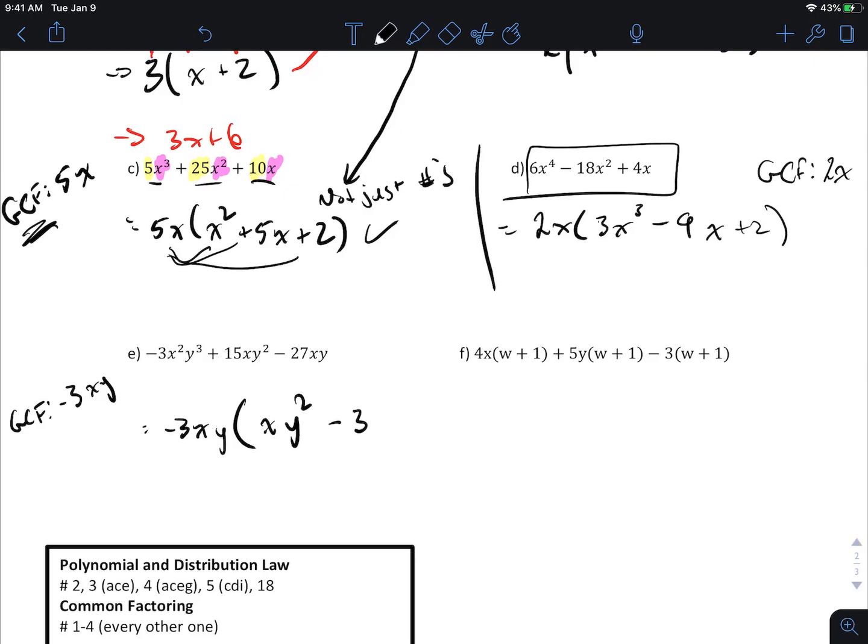Sorry, that's going to be 5. And if I take the x out, then the x's are gone. If I divide this by 3xy, the x's are going to cancel. One of the y's is going to cancel with one of the y's, so you're just left with 5y.